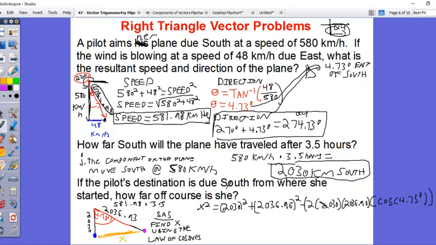So plugging in the law of cosines, and so that means just to find x will be equal to the square root.